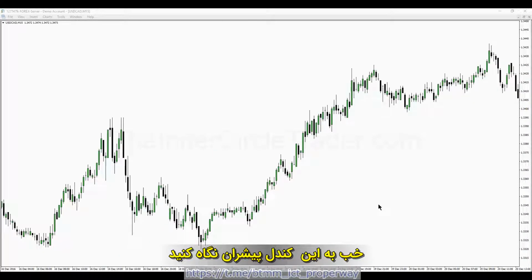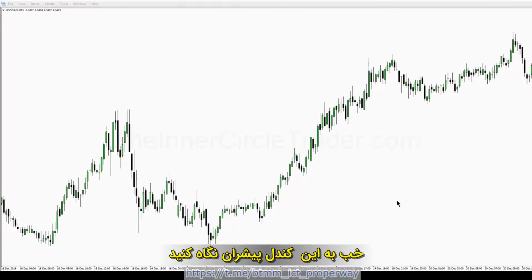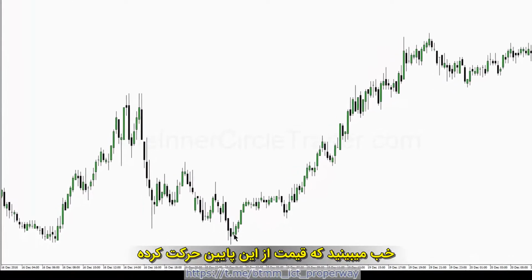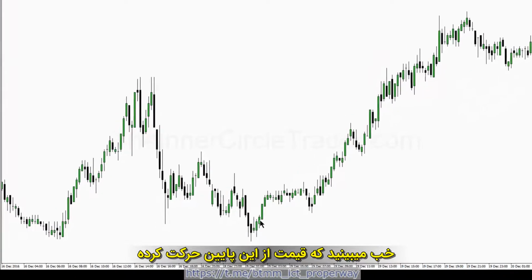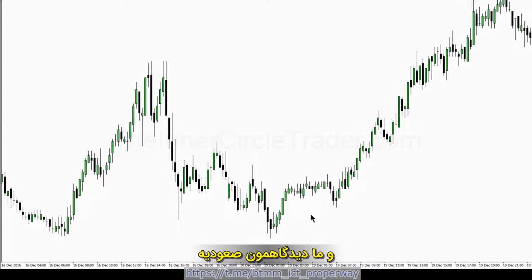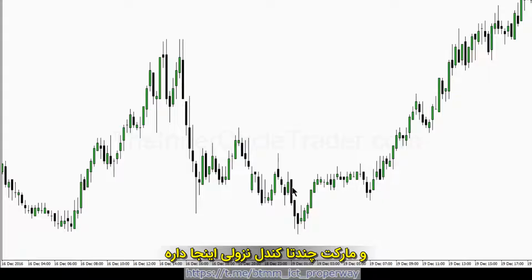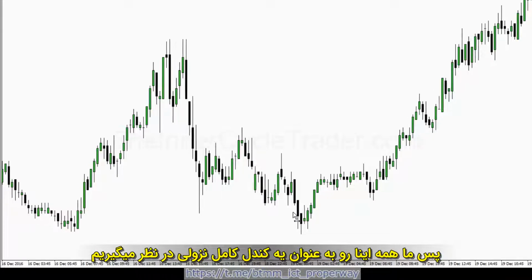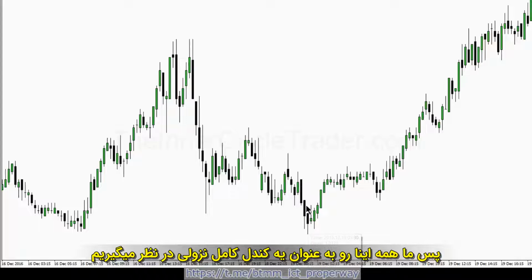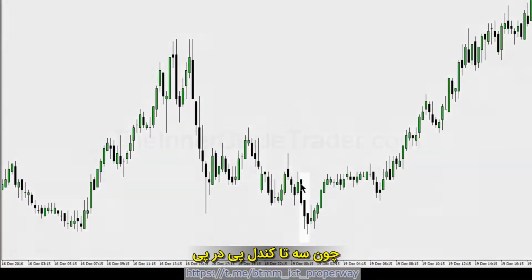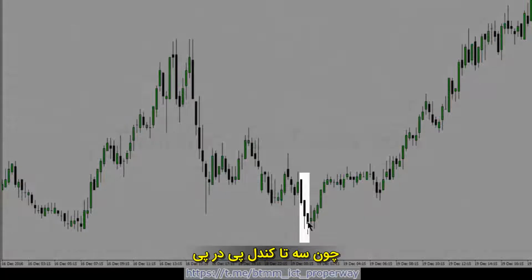Okay, folks, let's take a look at a bullish propulsion candle. You can see the price has moved from a low here, and we're on the buy side of the curve. And the market has several down candles in here. So we would take this as one full bearish candle because it's consecutively 3 down candles.